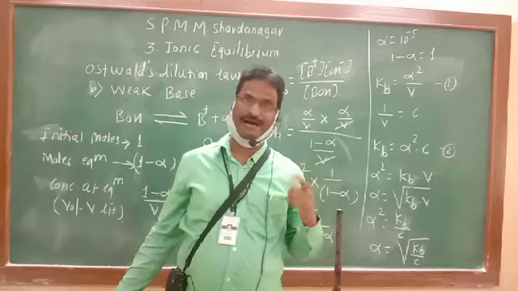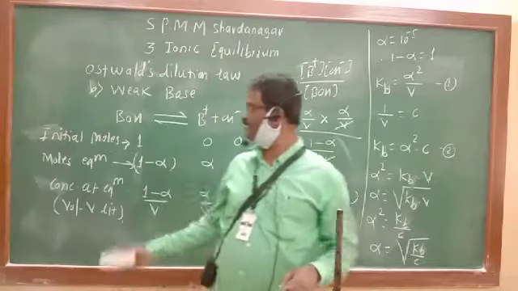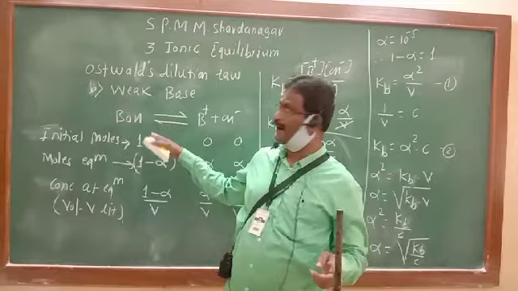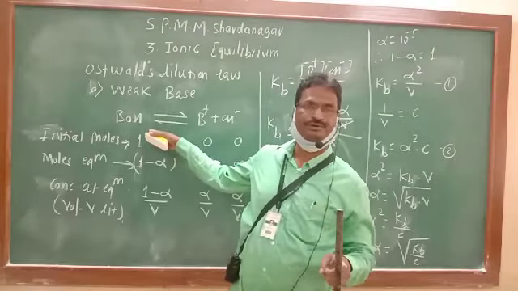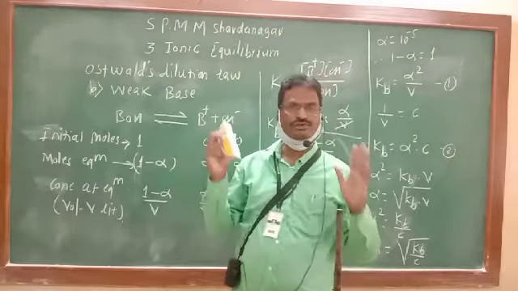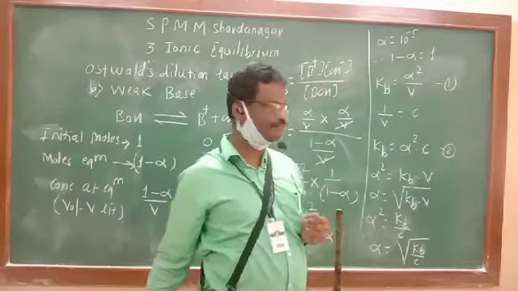We are replacing Ka by Kb, and the weak acid HA by BOH. Almost the total expression is the same.